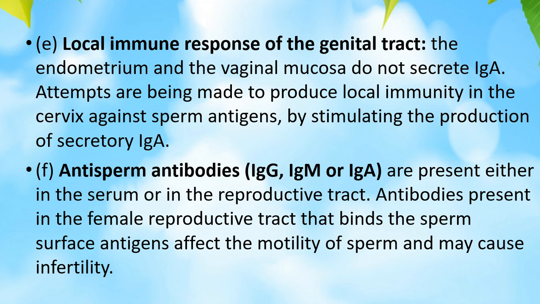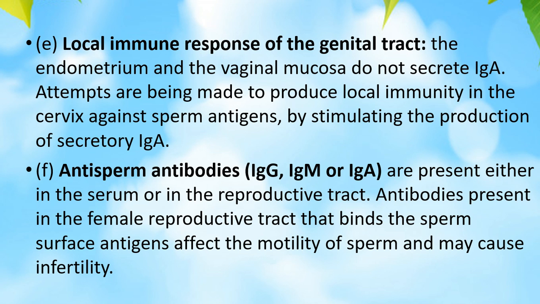Sperm is an antigen, so when local immunity is produced, it does not allow the sperm to enter the uterus. So due to the local immune response in the vaginal mucosa and endometrium, there is a chance of infertility.